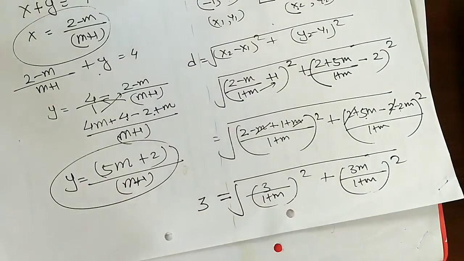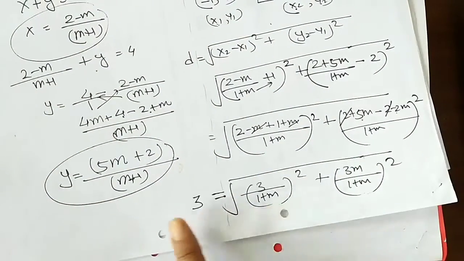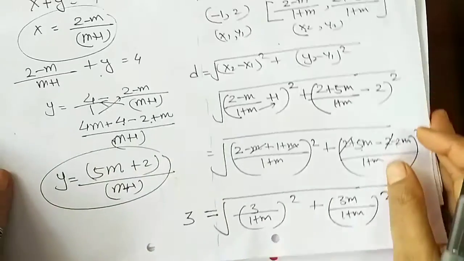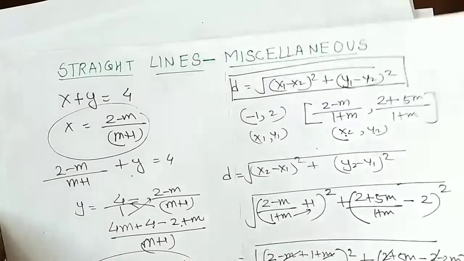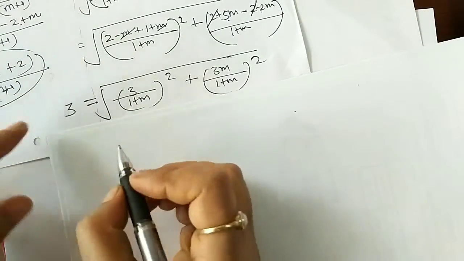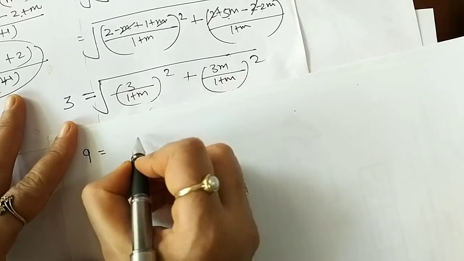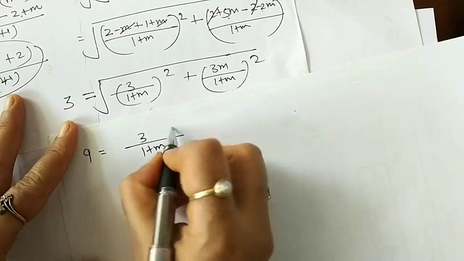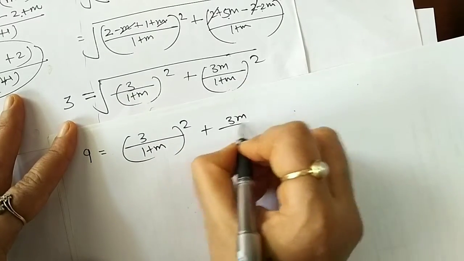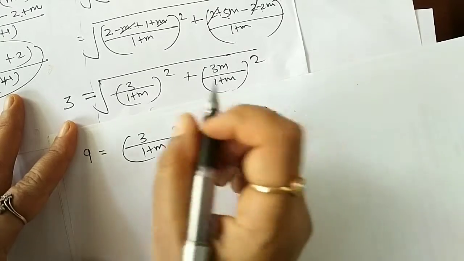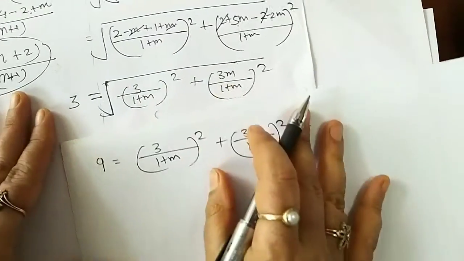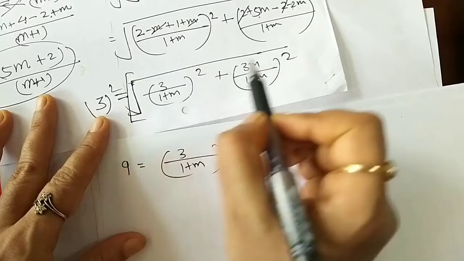In order to solve for m, let me square both sides. So what I will get is 9 is equal to, this root will go, so (3/(1 + m)) whole square plus (3m/(1 + m)) whole square. This root will disappear because I am squaring both sides.